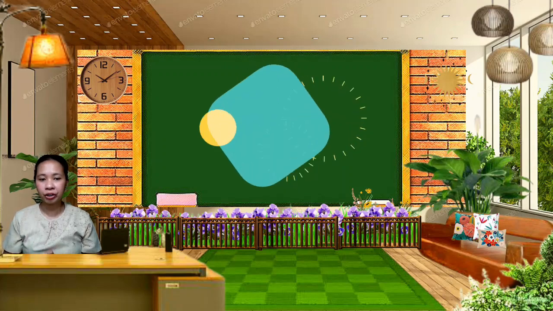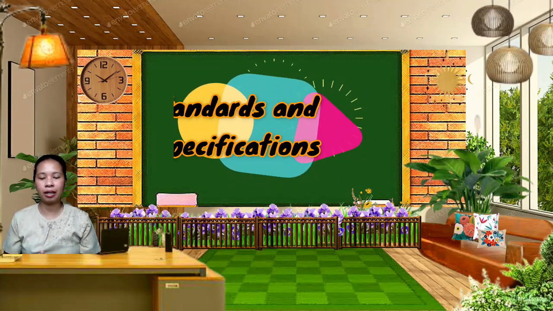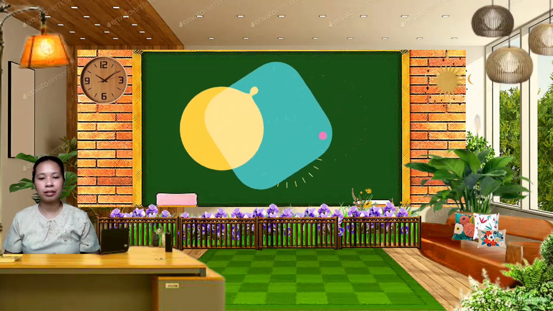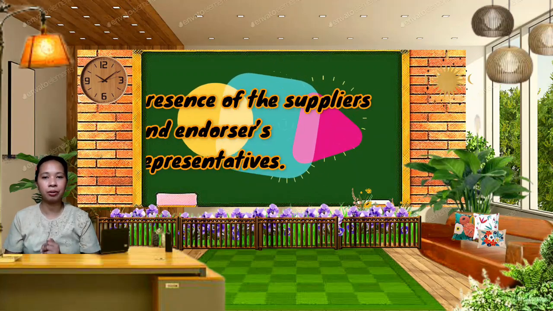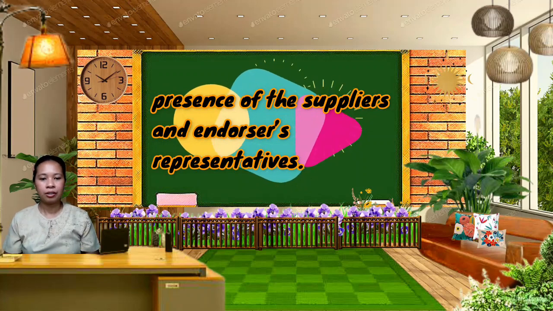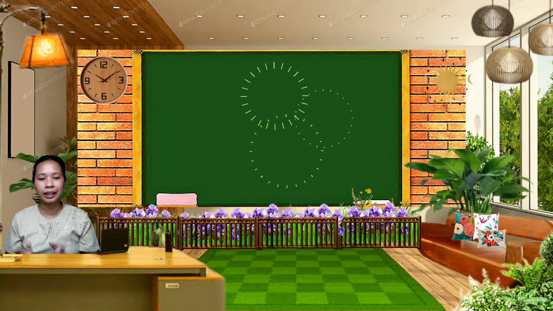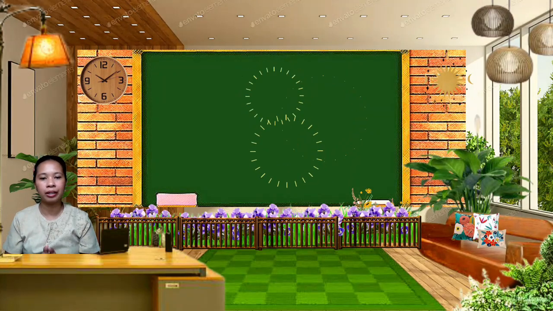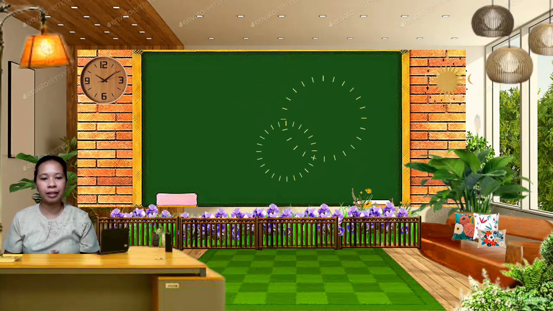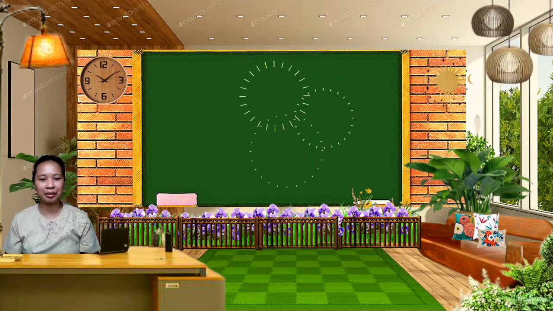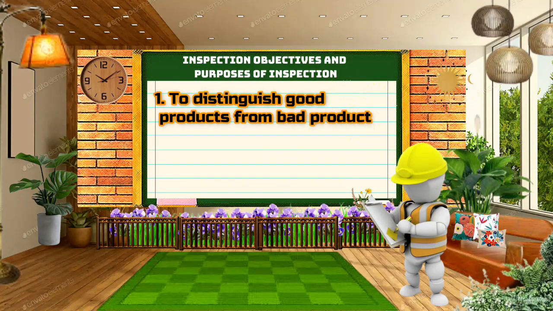An inspection shall be done under the standards and specifications and be conducted in the presence of the suppliers and endorsers' representatives. The incorporate team and the supplier officer or designated property custodian shall prepare and sign the inspection and acceptance report.